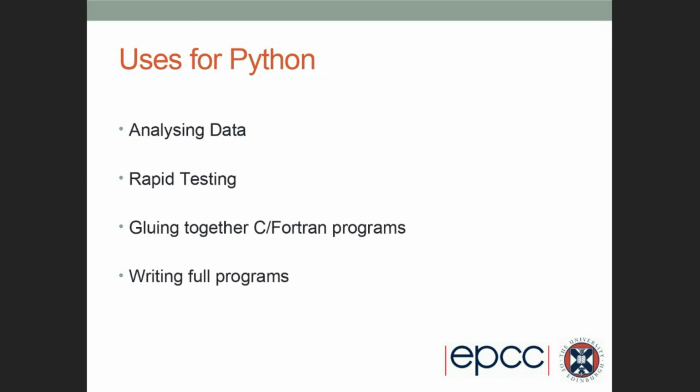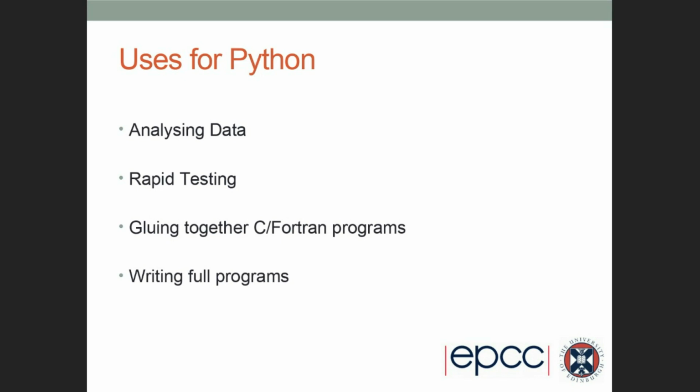Some common uses for Python. Analyzing data, whether that be creating plots or graphs of your data or running statistical analysis on them. There is generally a Python library that can do what you're looking for. Rapid testing.